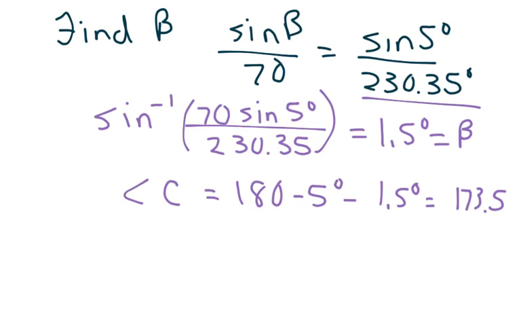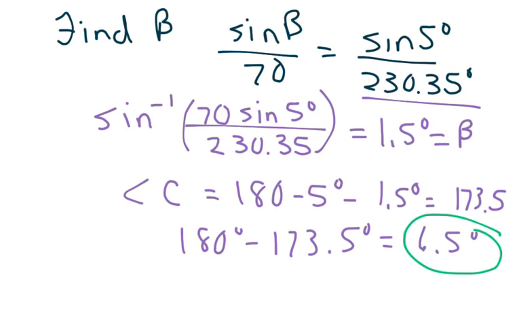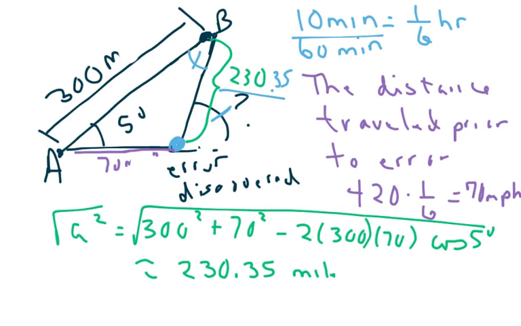So for the correction, that's going to be 180 degrees minus 173.5, which equals 6.5 degrees. And that's your answer to part A. So I found all my angles.